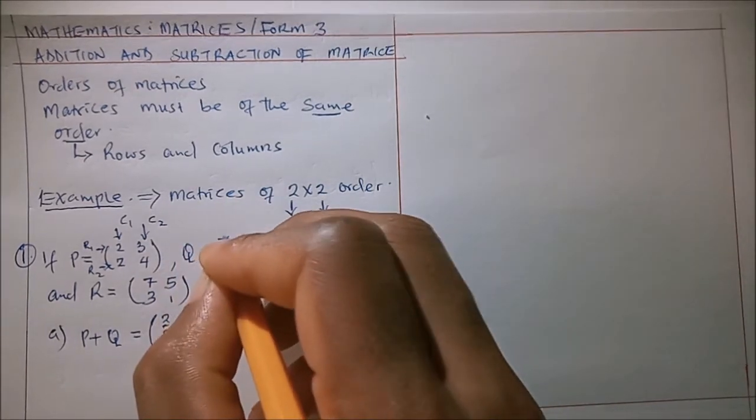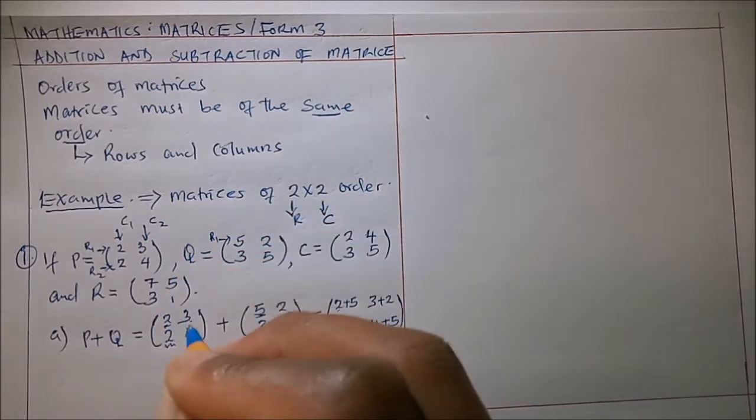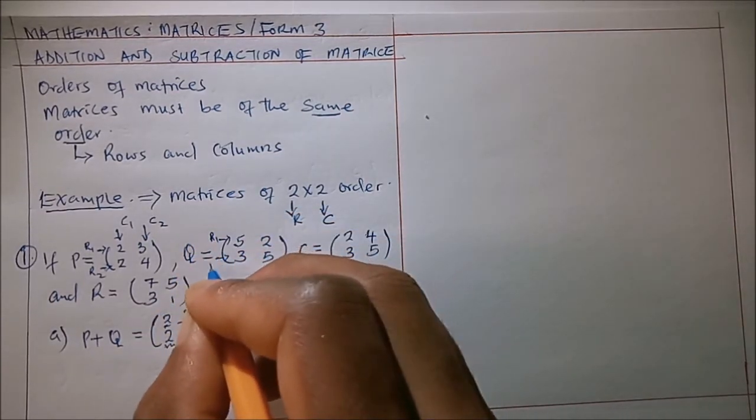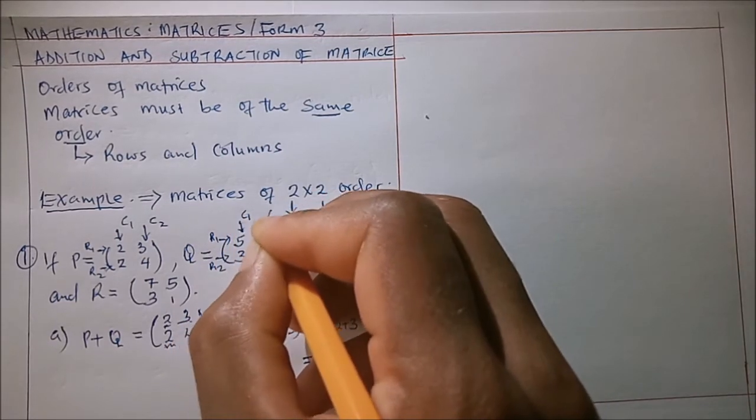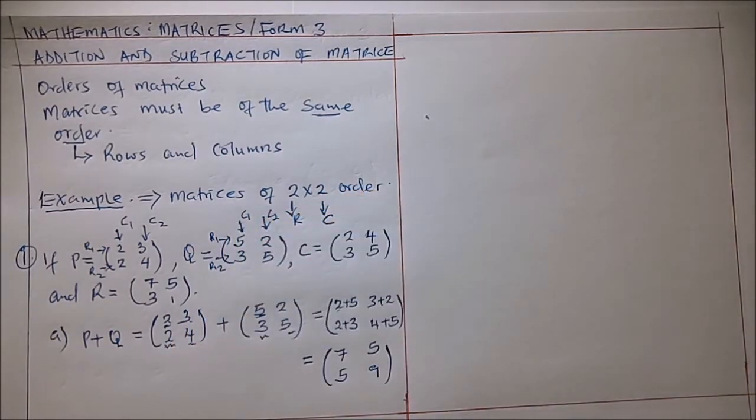Look at Q. We have the first row, the second row, column 1 and column 2. It's also a 2 by 2 matrix. So you can only add matrices that are of the same order.